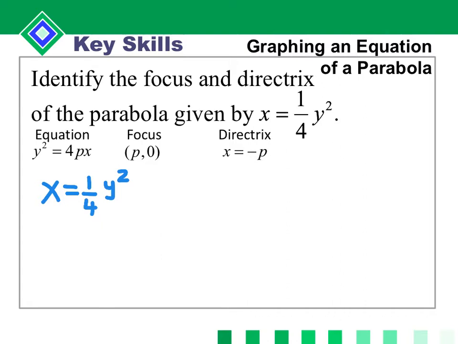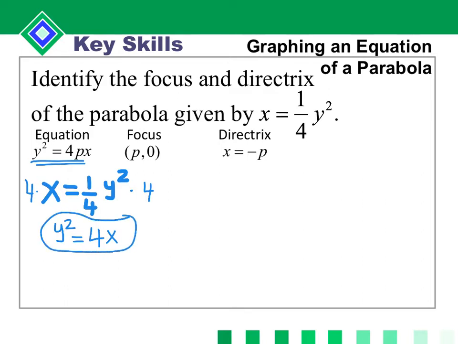The first thing I would do with this equation is to rewrite it in this format here. I can do that by multiplying by 4 on both sides. So I get y squared equals 4x. That's the equation.